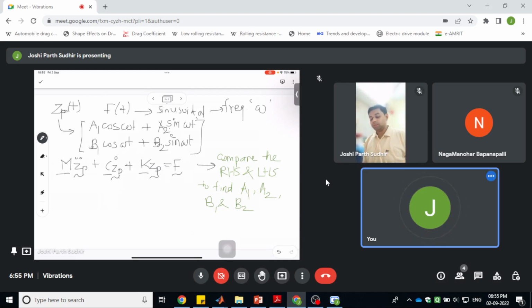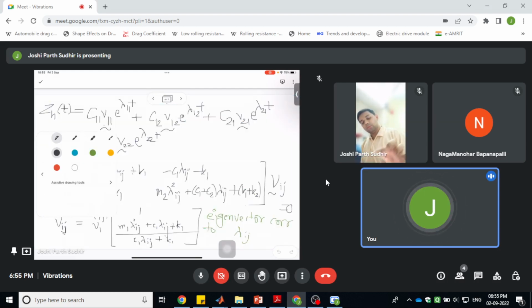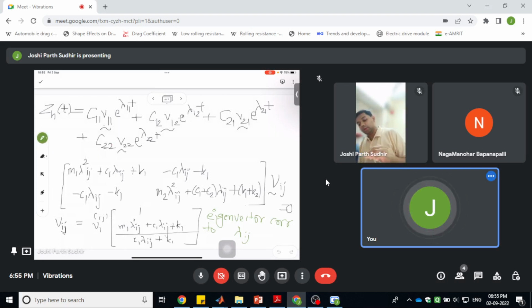And for the free vibrations, the values of C11, C12, C21 and C22 can be found out using initial conditions.